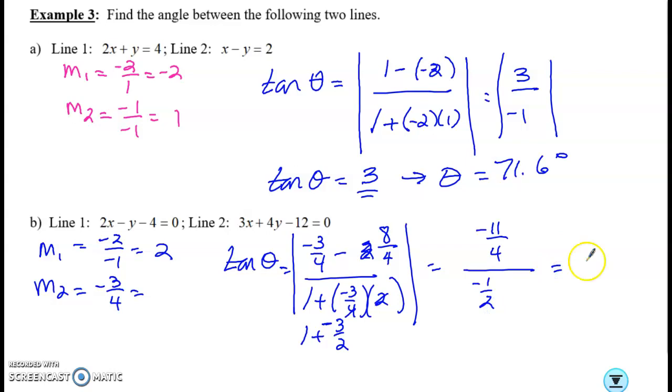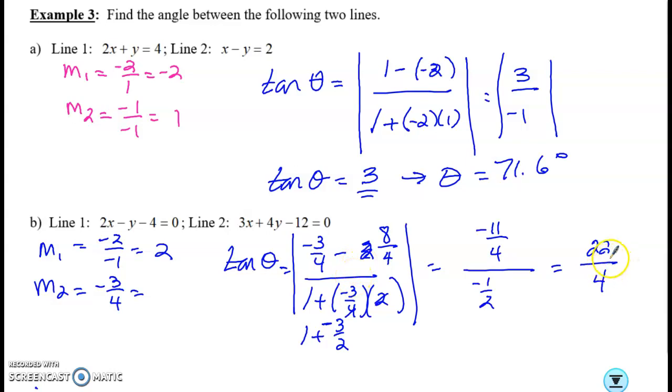So when I reciprocate and multiply, I get 22 over 4. Hang on a second. I had 22 over 7, and I'm not really sure where that's coming from. I think that's a mistake. I'm pretty sure my work here is right.